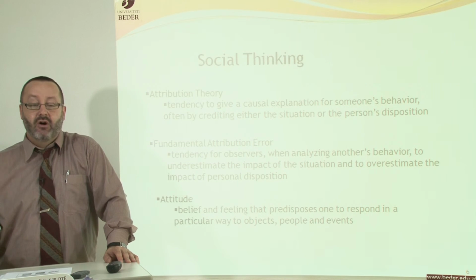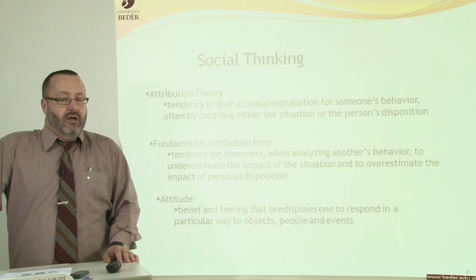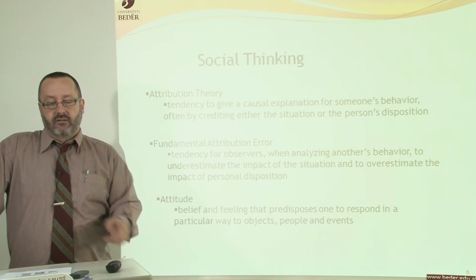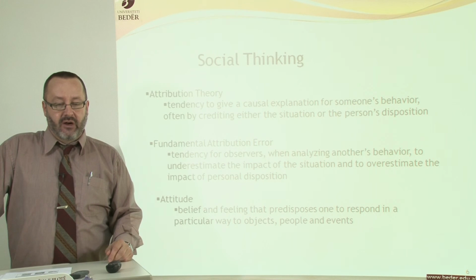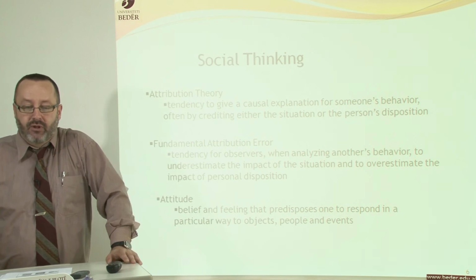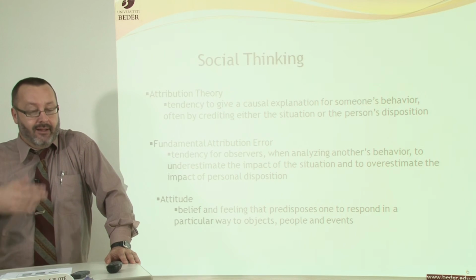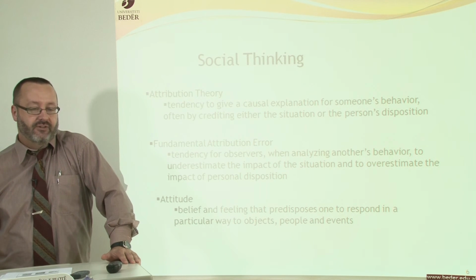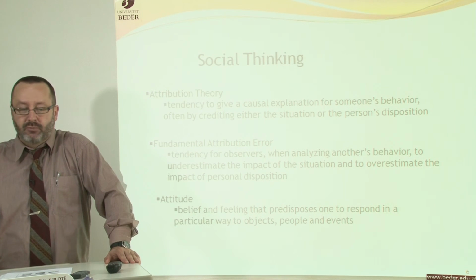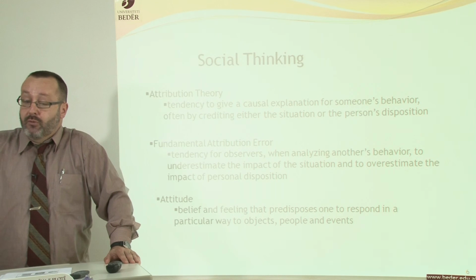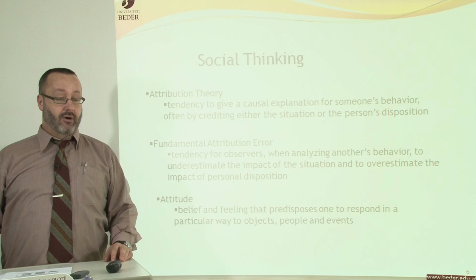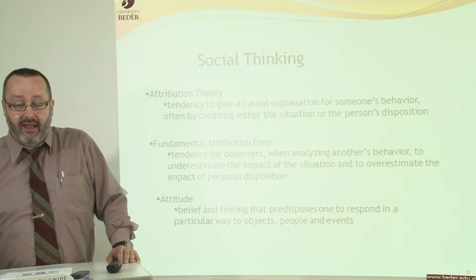So I told him, for example, that a friend of mine's wife is very attractive, and he responded, well, that means you must want to sleep with her. And that's because that would be his approach. If he found a woman attractive, he would want to engage in an intimate relationship with her. I just found the woman to be aesthetically pleasing, nice to look at. She's married. I don't consider her a candidate for anything more than that.